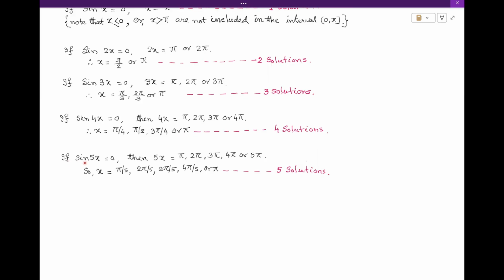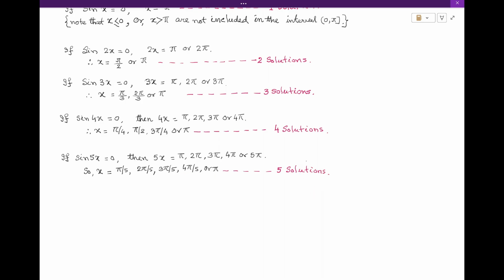And if sin 5x is equal to 0, then 5x could be pi or 2 pi or 3 pi or 4 pi or 5 pi, giving the values of x as pi by 5, 2 pi by 5, 3 pi by 5, 4 pi by 5 or pi, that is 5 solutions.